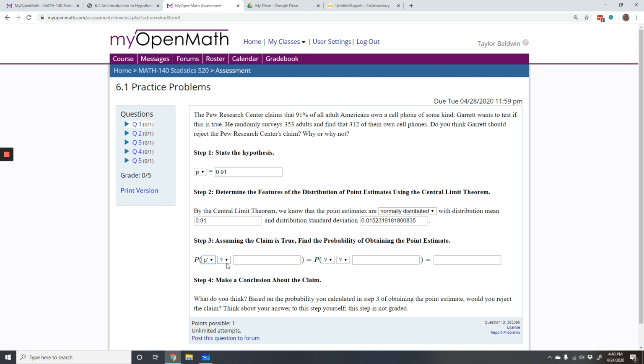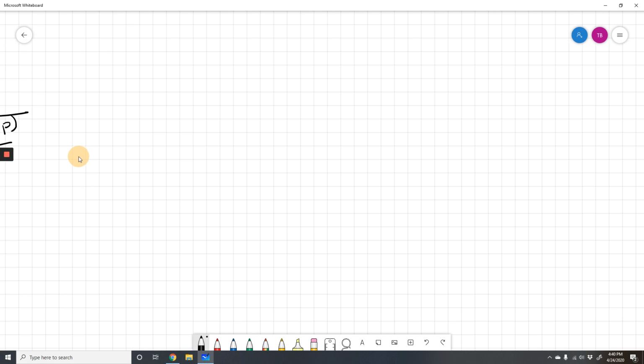For this, we actually need to know what our sample proportion is. That will go here. So in this case, we know we surveyed 353 adults and 312 of them own cell phones. If you remember, our sample proportion is x over n, where x is the number of members of the sample with that certain characteristic.